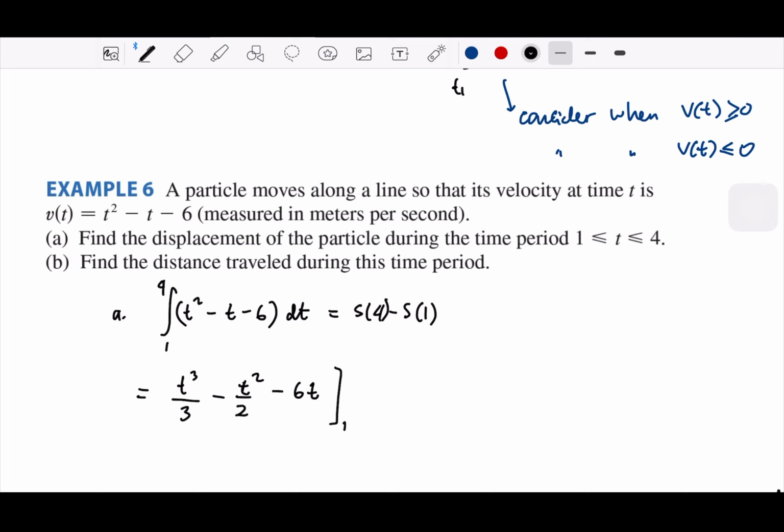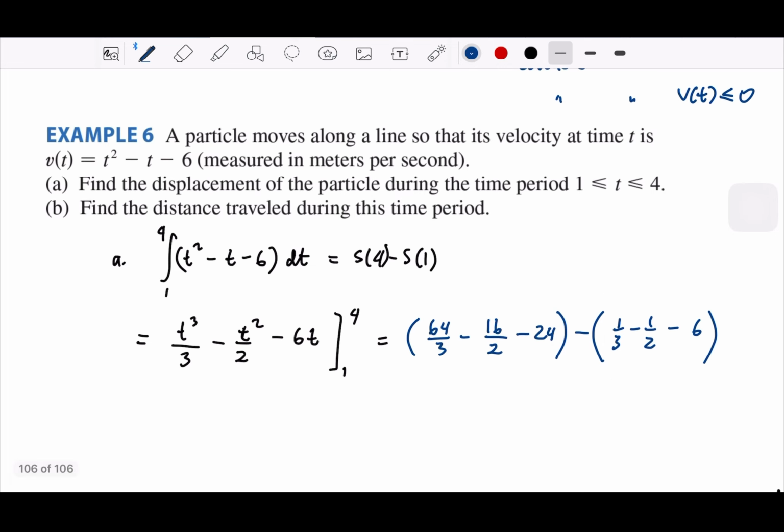Then we plug in 4, plug in 1, and subtract them: (64 over 3) minus 16 over 2 minus 24, minus (1 over 3 minus 1 over 2 minus 6).